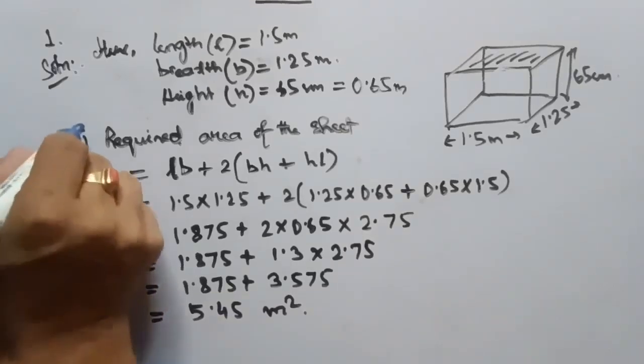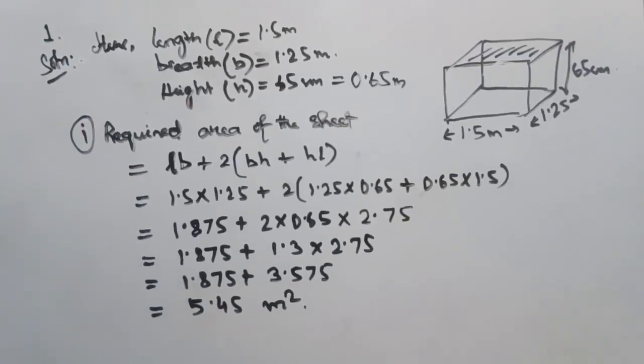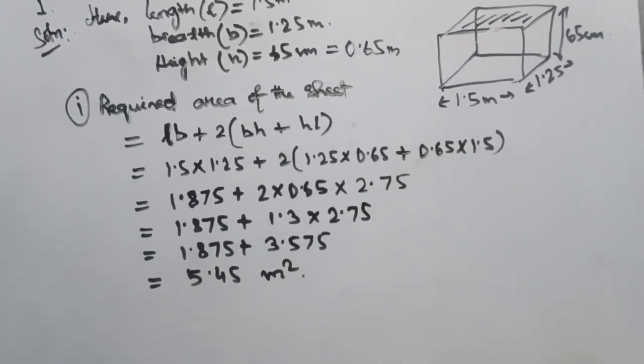This is the first part of the question. Now let us try to solve the second part. Second part says to find the cost of the sheet if a sheet measuring 1 meter square costs rupees 20.